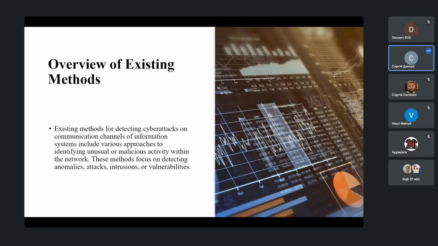Among the main approaches are intrusion detection systems, monitoring traffic to identify unusual patterns or anomalies, signature-based methods for detecting known attacks, machine learning algorithms for analyzing and detecting anomalies, or checking logs for detection of challenges or unauthorized access, and intelligent systems for recognizing unusual or malicious behavior in the network.